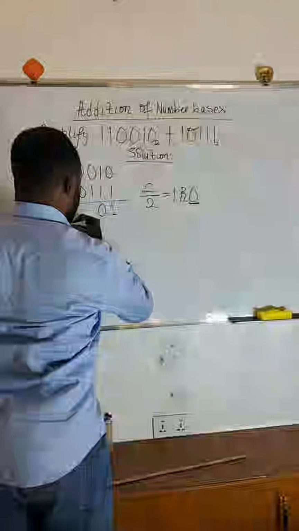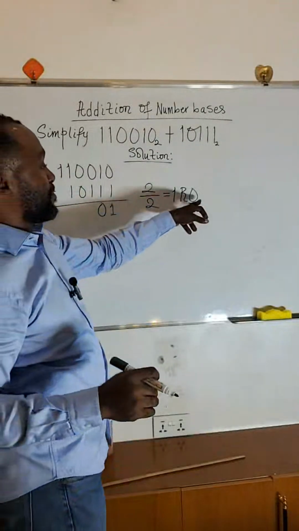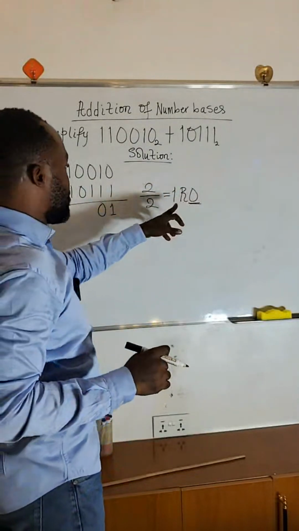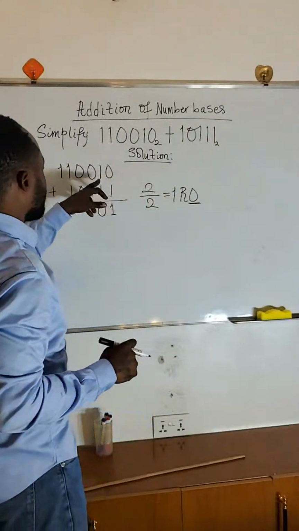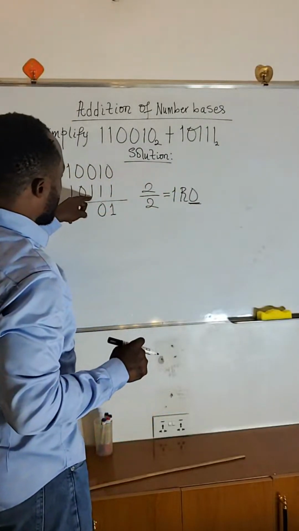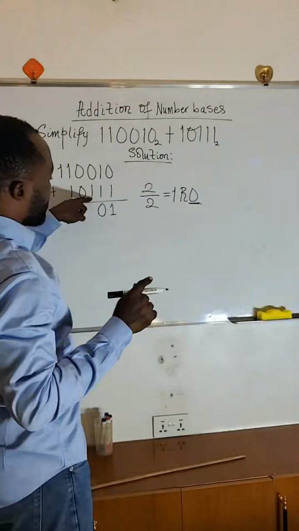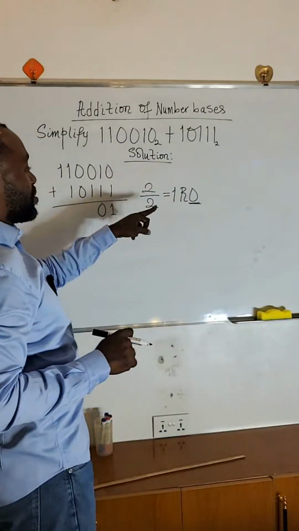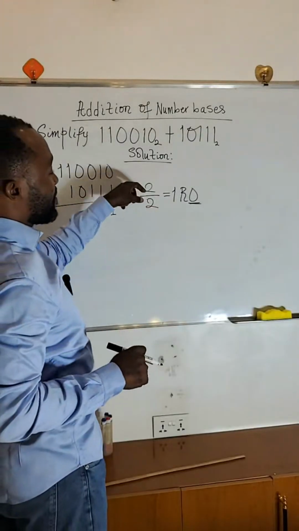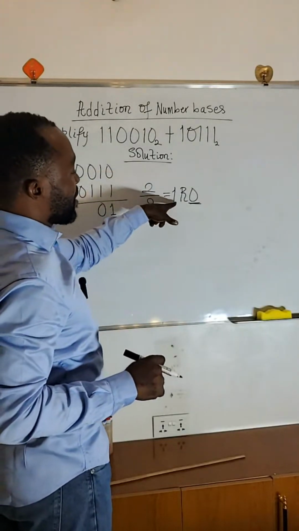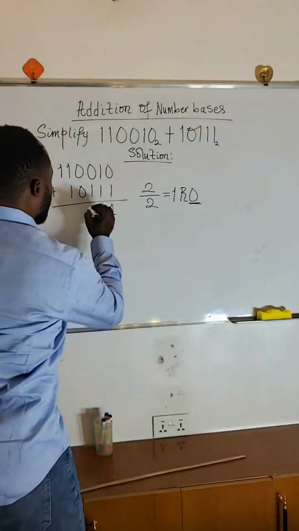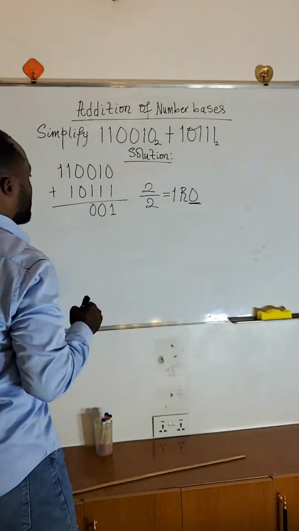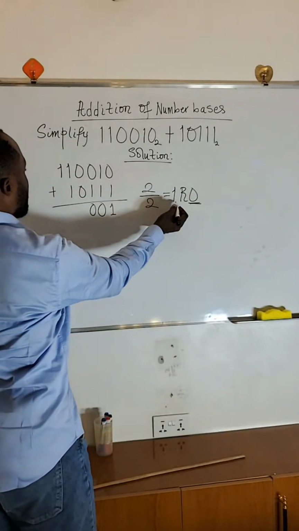So we'll keep 0 there. Now this one here, 0 plus 1 is 1, plus this other one, it becomes 2. Since it is 2, you still divide 2 by 2. You still have 1 remainder 0. And so here will be 0. Then we carry that 1.